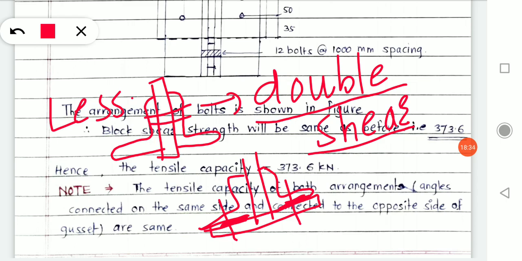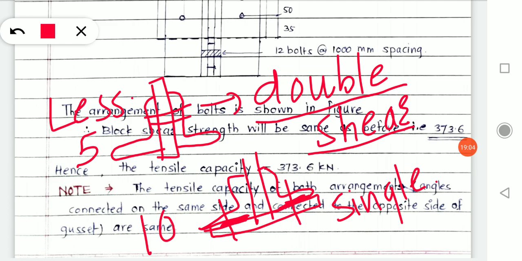But here, you are utilizing partial capacity of the bolt. You are utilizing single shear capacity only, and the number of bolts required is 10. Here you have 5 bolts, but in the second arrangement you require 10 bolts. So you are utilizing the partial capacity and placing more bolts for the same arrangement, right?